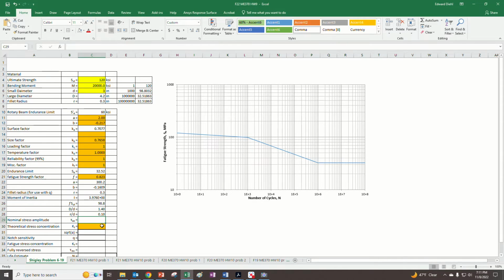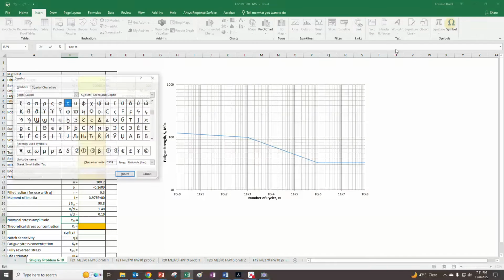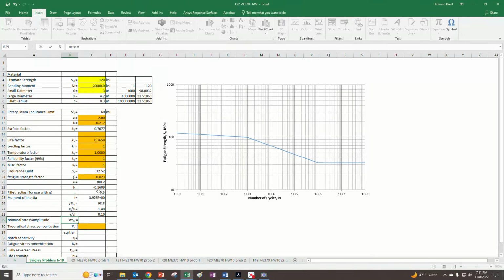Boom, 1/10. And then nominal stress amplitude, and here we insert a sigma instead. Where'd you go, sigma? Have I not used sigma recently? Here, I'll put sigma in. Get rid of my tau. All right, so this is alternating.